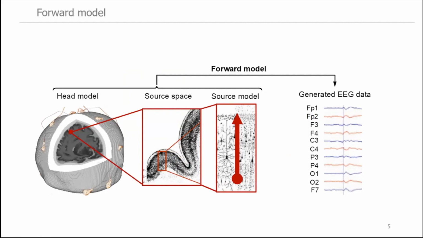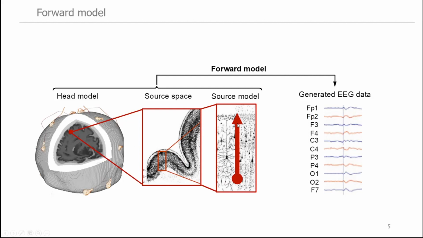So what is a forward model? Simply put, a forward model is an EEG simulator. So it simulates EEG. So you use a head model that has the geometry of the head, the electrode positions, conductivities. You have a source space. So a source space is, okay, where can there be sources that generate potentials that you can measure with EEG electrodes.